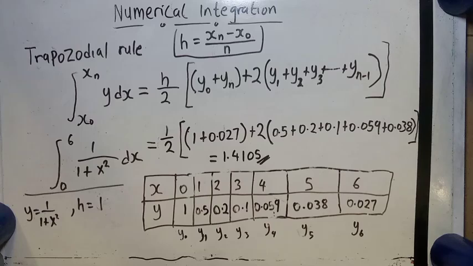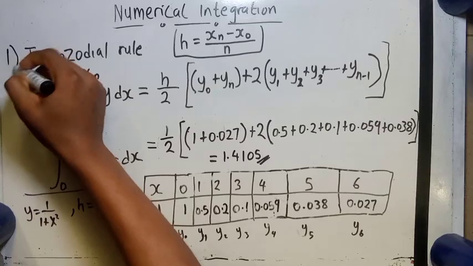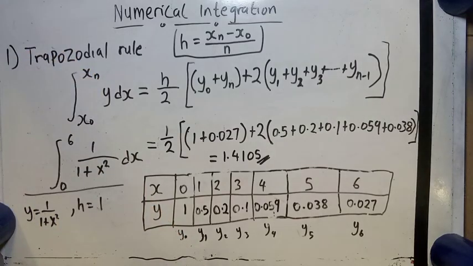Now we're also going to be making use of another numerical integration method. What we just did is the first one, which is the trapezoidal rule. Now we have another one, which is the Simpson 1/3. This formula is different, but you will get approximately close to the answer you're looking for.